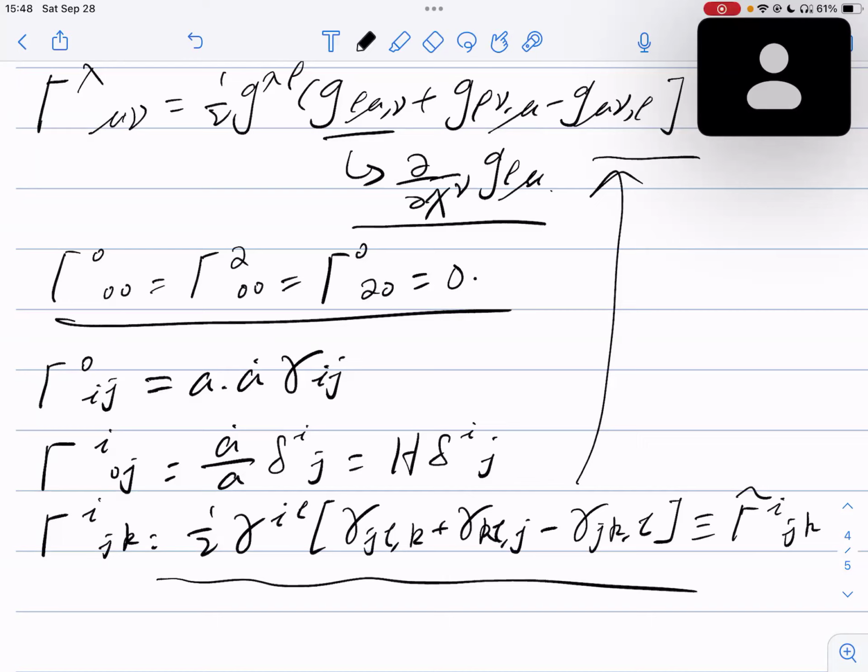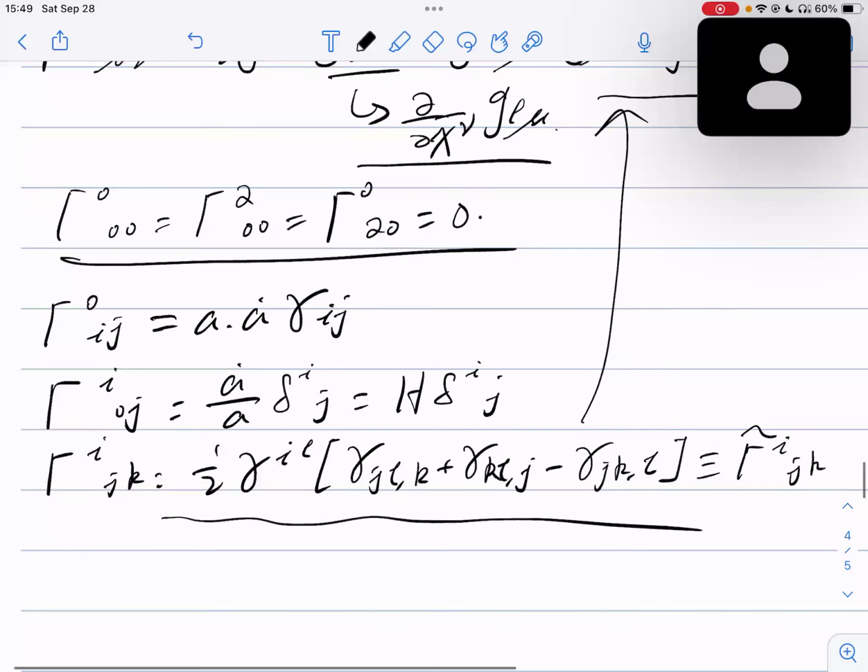And actually, strictly speaking, the next step we should try to calculate the general Ricci tensor. But if you calculate it straightforwardly, it will be very annoying. There's also a trick to simplify this calculation.